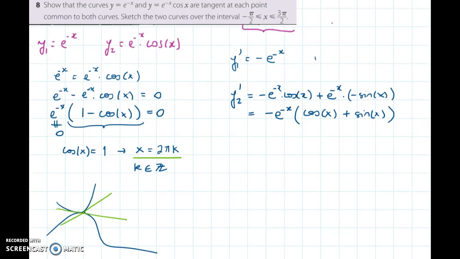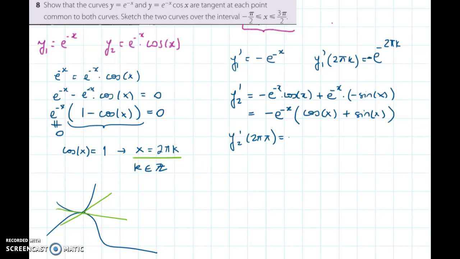So when I evaluate the first one at 2 pi k, the result is going to be minus e to the minus 2 pi k. Sorry, I forgot the negative sign in the first one.